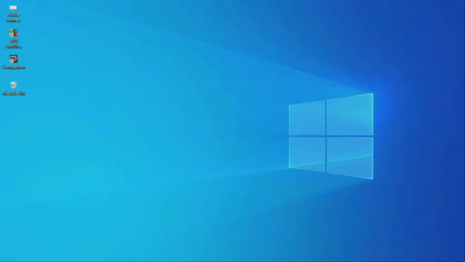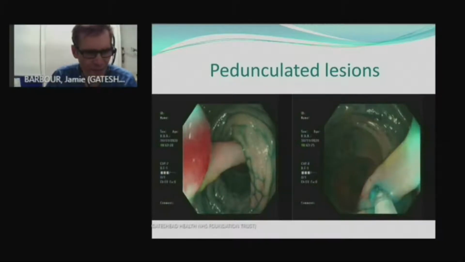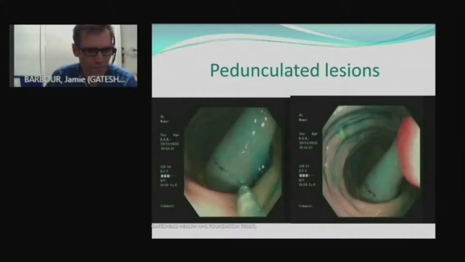there's a stalk that I did on Monday, and what I would recommend, or at least what I would suggest, is injection into the stalk. And the reason I say that is to put some adrenaline in that stalk to vasoconstrict the vessel in the center of that, because that's the danger here.